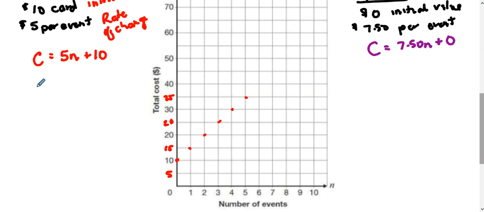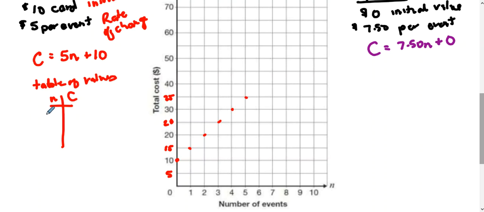Another way of doing this is you could make a table of values, and there's nothing wrong with that. When we make a table of values, we can just sub in different values of n to figure out what the cost is.